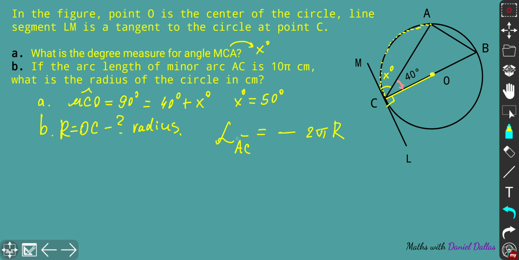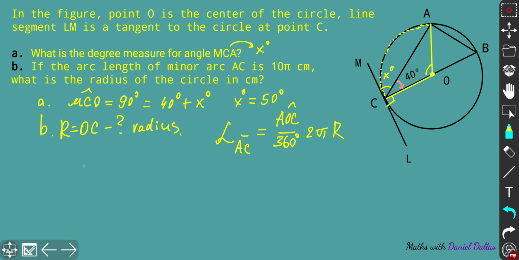And which ratio are we taking? We take the ratio of the central angle AOC over 360, because the fraction means the share corresponding to the angle AOC, which subtends the minor arc AC.